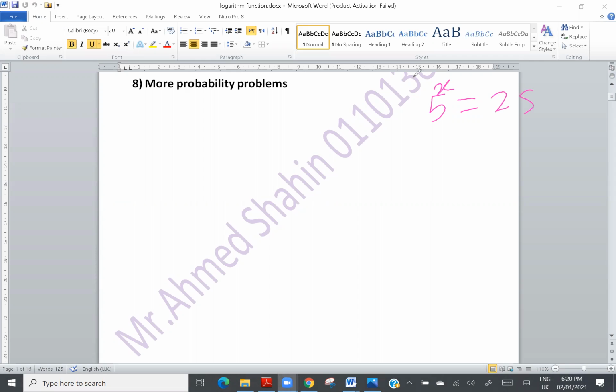We were saying that 5 power x equal 5 power 2, and if the bases are the same, the powers will also be the same, so x equal 2.